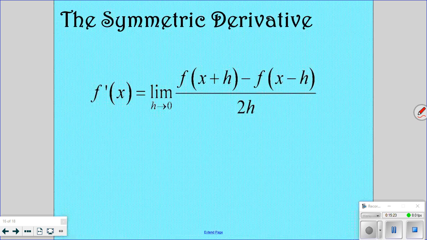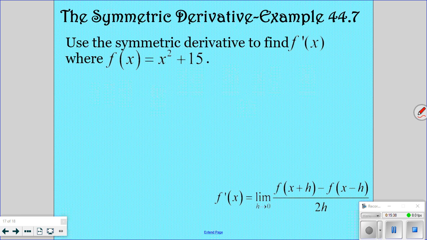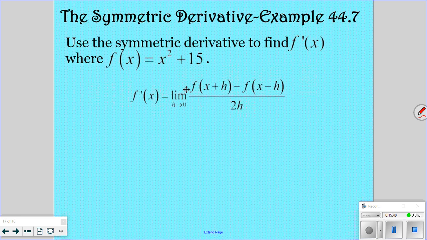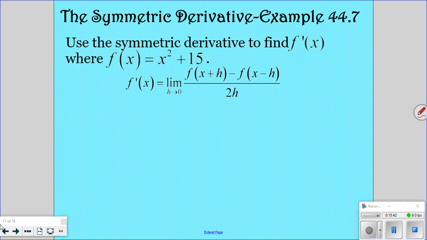Okay? So this is the symmetric definition of the derivative. So f of x plus h minus f of x minus h all over 2h. So we're going to use the symmetric derivative to find the derivative of this function.